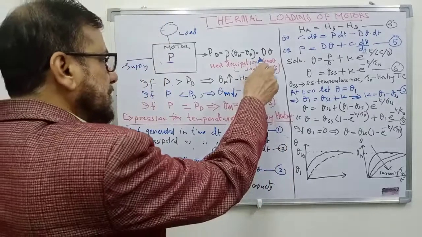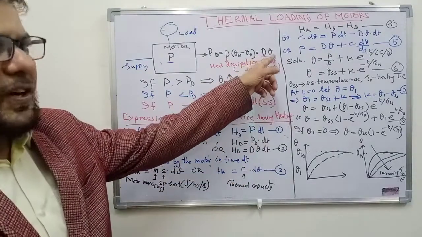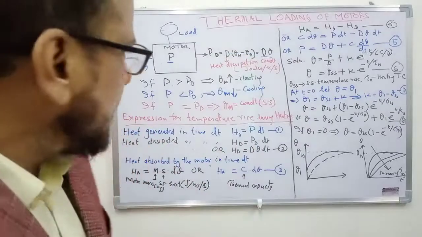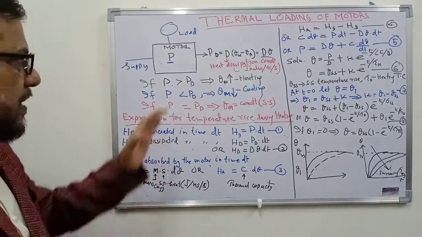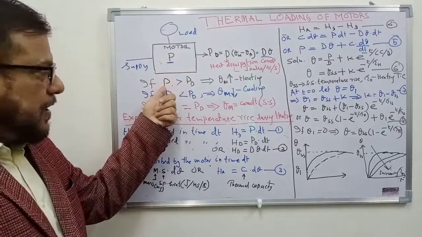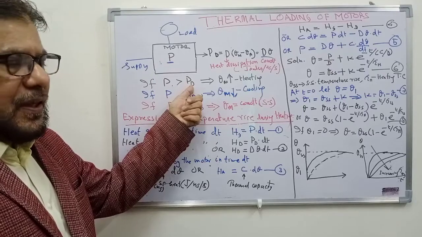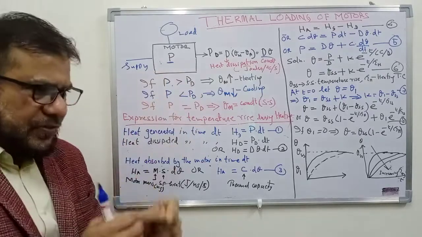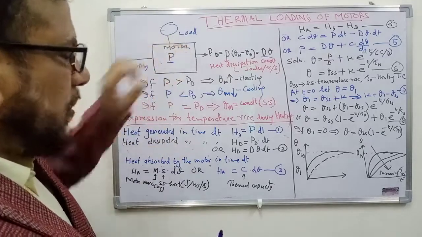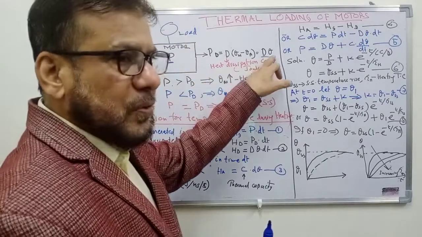So the heat dissipation depends on the temperature rise of the motor, that is the temperature of the motor above the ambient temperature. So what happens? There are different situations. The heat generated is greater than the heat dissipated. Earlier in the beginning, as soon as we start loading the motor, the temperature of the motor is small, but heat generated is high, heat dissipation is very low.